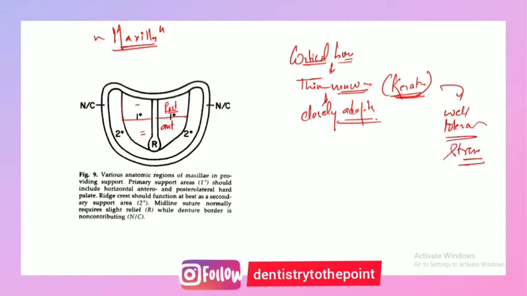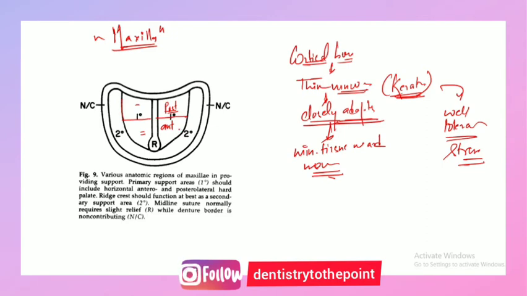Along with that, it is closely adapted, so there will be minimum tissueward movement of the denture. When the mucosa is keratinized and there is minimum tissueward movement of the denture, it will provide effective support to the prosthesis.